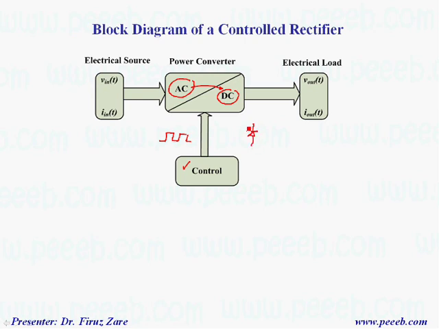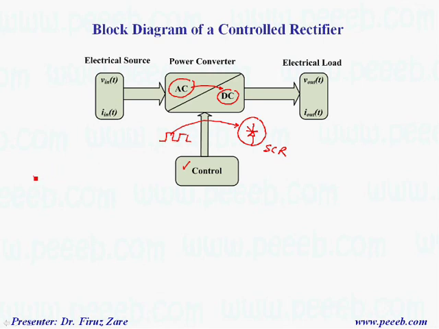That means we can just apply a gate signal to turn on the thyristor. So we cannot turn off the thyristor by removing the gate signal because this is a special switch. So in this case, by changing the gate signal, we can basically control the output voltage.